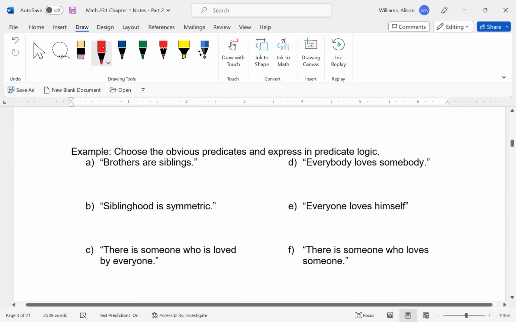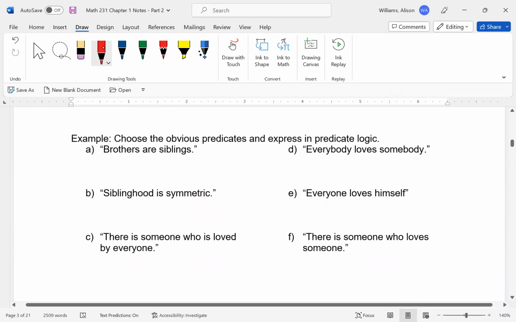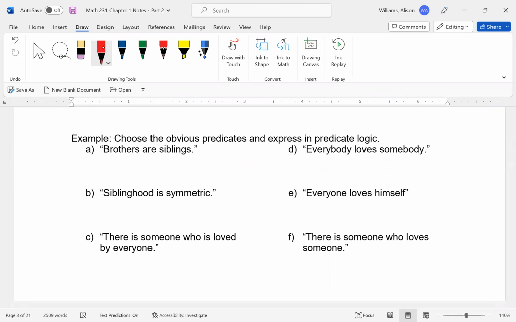All right. So we're going to look at obvious predicates and express it as logic. We're just going to try to do this as simply as possible, to create the simplest thing we can to write this in logic form. Brothers are siblings. We don't need to define everything right now because you saw what we did back here.